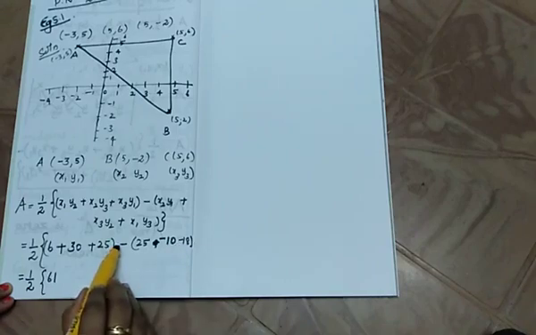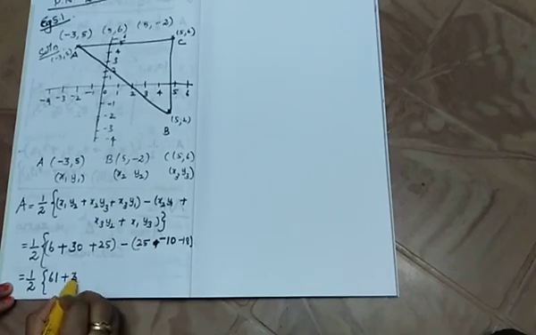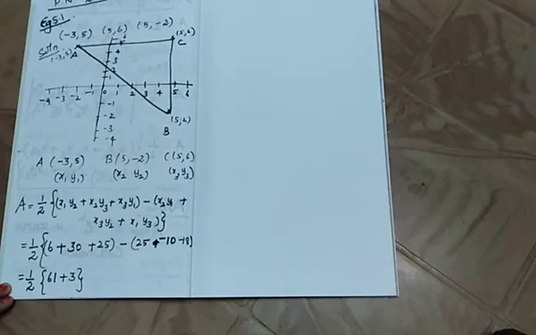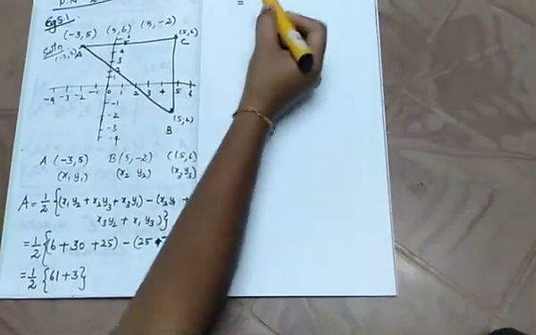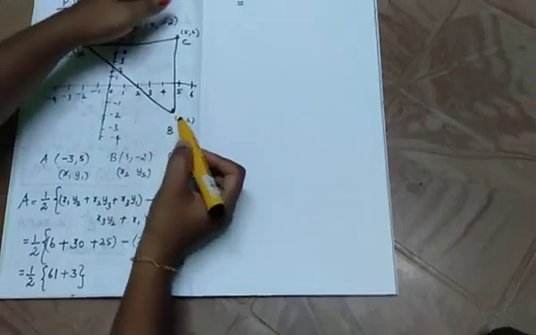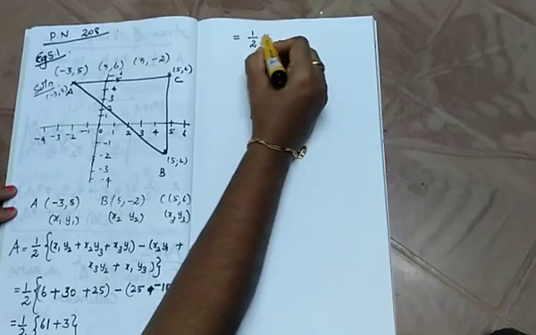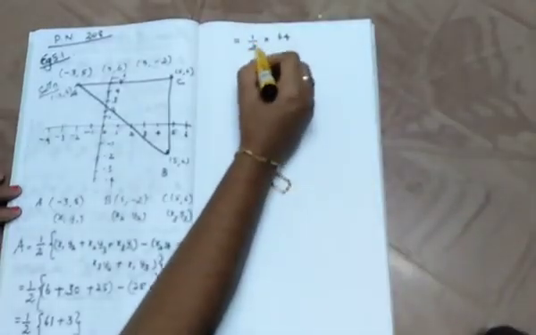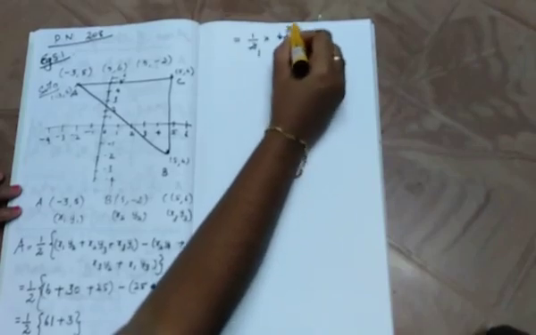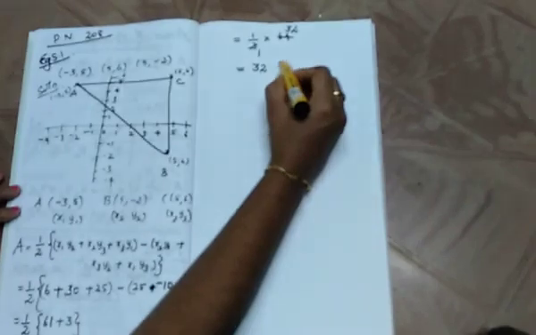Again you got one minus 3, so minus into minus 3 gives plus 3. Which is equal to half into 61 plus 3, 64. Now cancel it, half of 64 is 32.